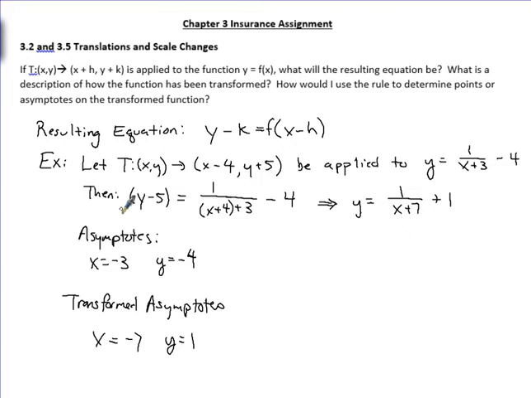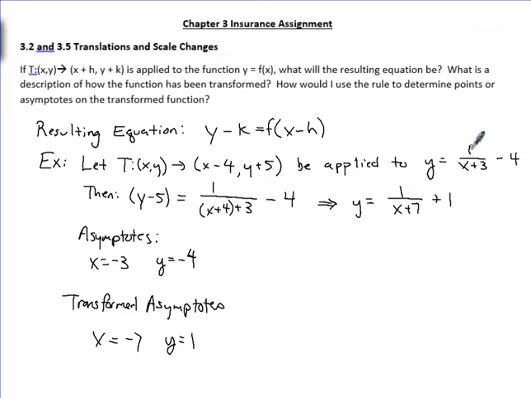So, the asymptotes of the original function would have been x equals negative 3 and y is equal to negative 4. The way I can tell that is if I put negative 3 in for x, I get a 0 in the denominator of the fraction, and we know that we can't divide by 0.